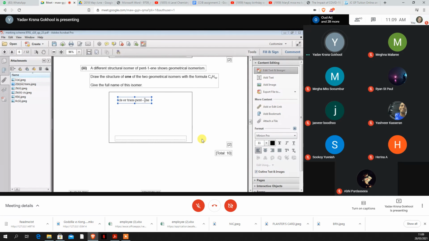It has to be pent-2-ene, because if it is pent-1-ene, it won't be cis-trans. Okay. So either you draw the cis or the trans. I'm going to show you the example of the cis.